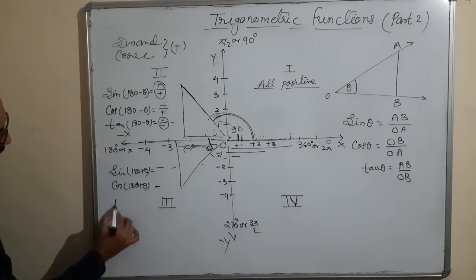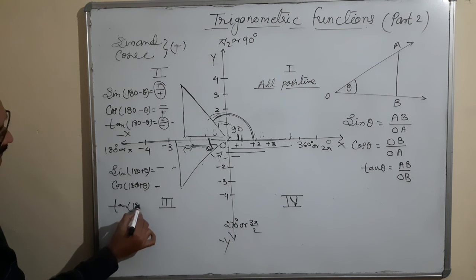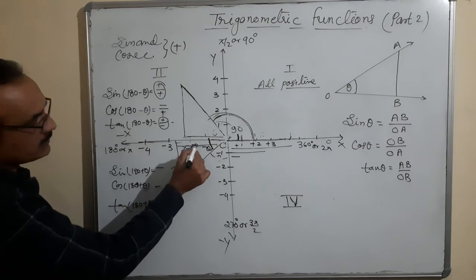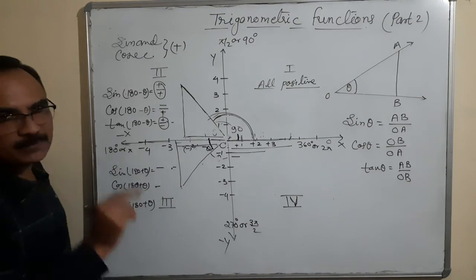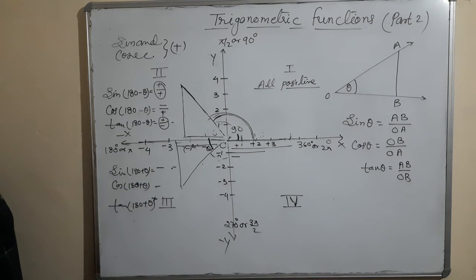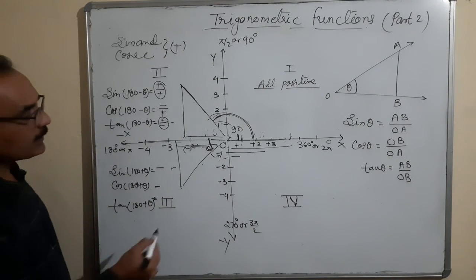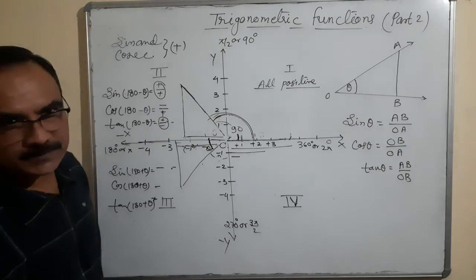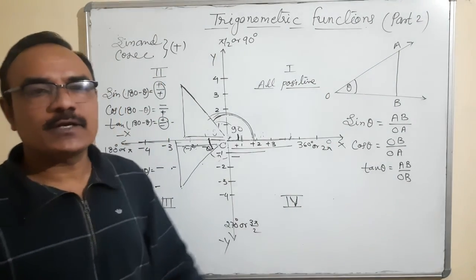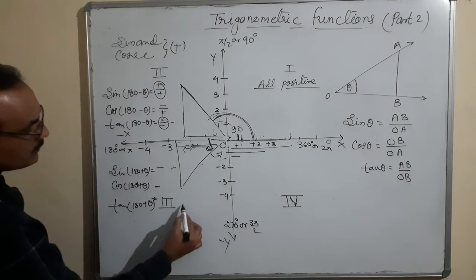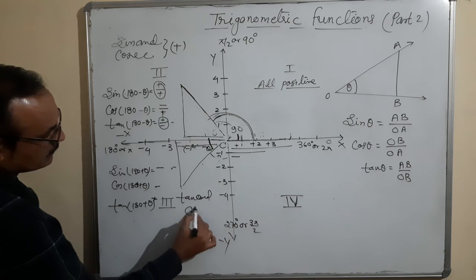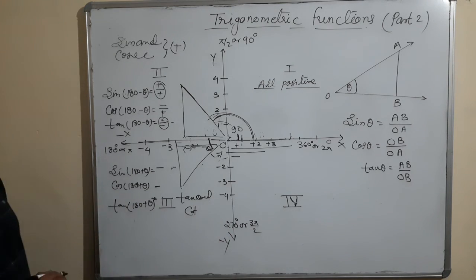Tan 180 plus theta, tan is perpendicular upon base, negative upon negative, minus minus cancel, so what is coming here? Plus. So in the third quadrant, tan is positive and cot, base upon perpendicular. Okay. So two trigonometric ratios, tan and cot, are positive. Here the positive are tan and cot. Okay. The other four are negative.